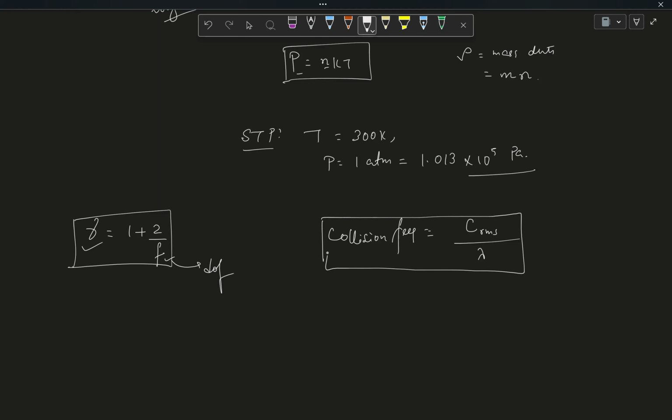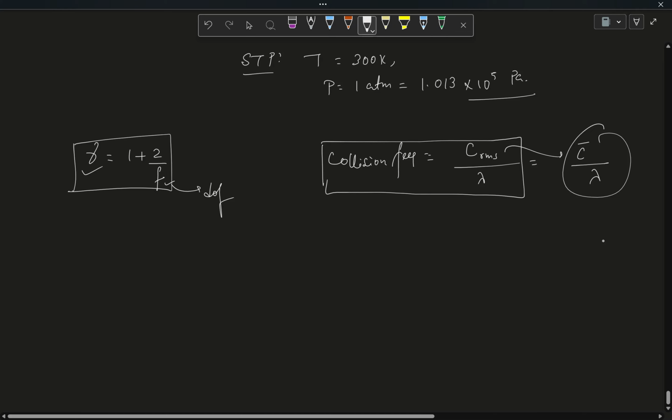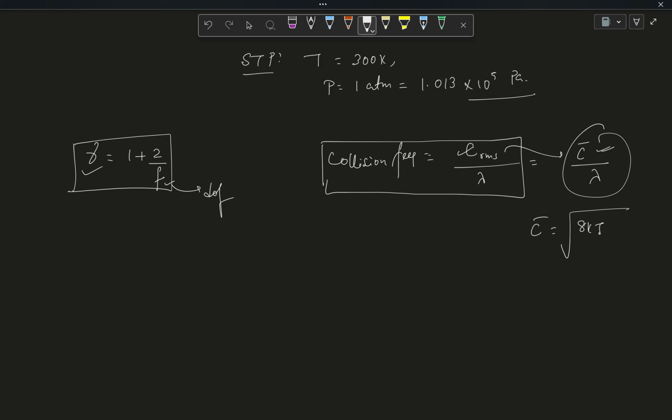Or sometimes if RMS velocity is not given, then you use the average velocity of the gas molecules divided by mean free path. You have to choose accordingly. If the question has mentioned the value of RMS velocity, then use this. Or else if they have just mentioned the temperature, then you can use the average velocity formula, which is C bar equal to root over of 8kT by pi m.